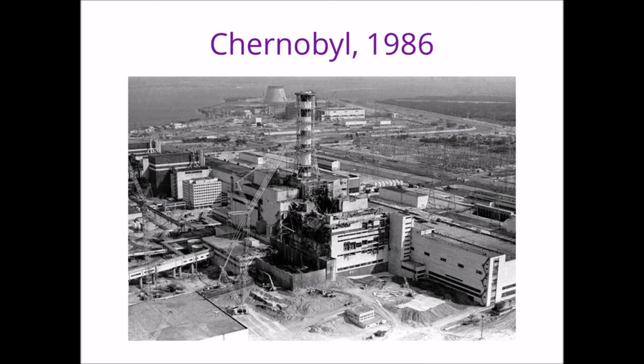This resulted in 2 immediate deaths and loss of 28 lives from acute radiation poisoning, though the exact number of fatalities is unknown as the effects of lower dose radiation are long-term. 116,000 people living within a 30-kilometre radius had to be evacuated, and the surrounding environment will be radioactive for 20,000 years, although a new sarcophagus has now been built around the exposed reactor core to contain the radiation.